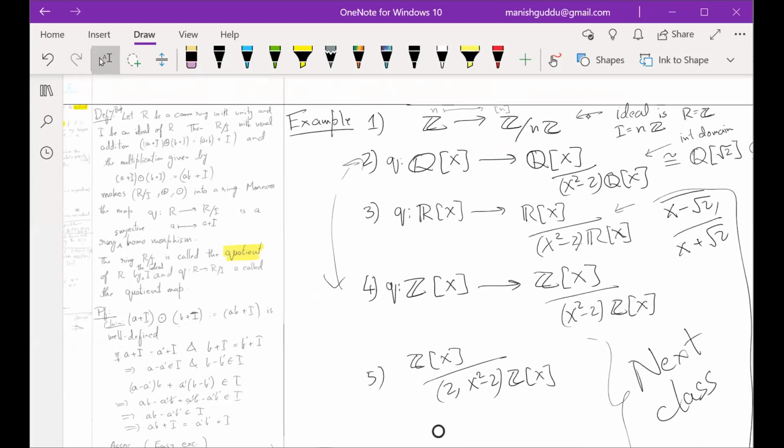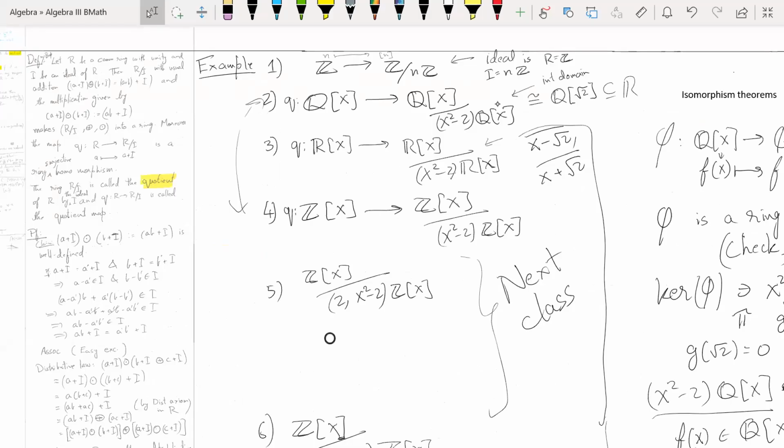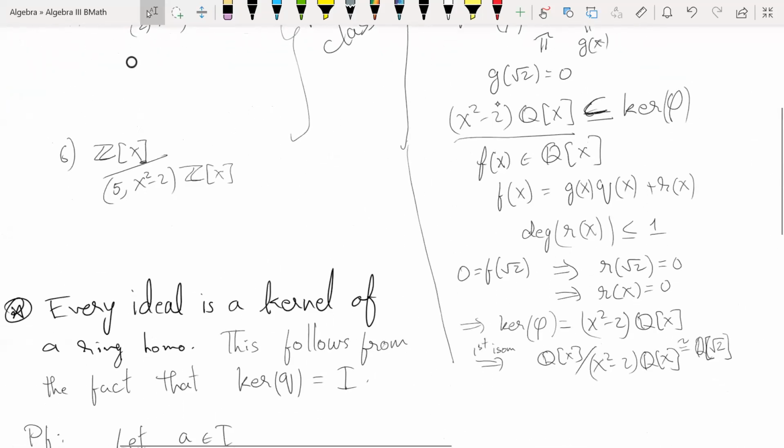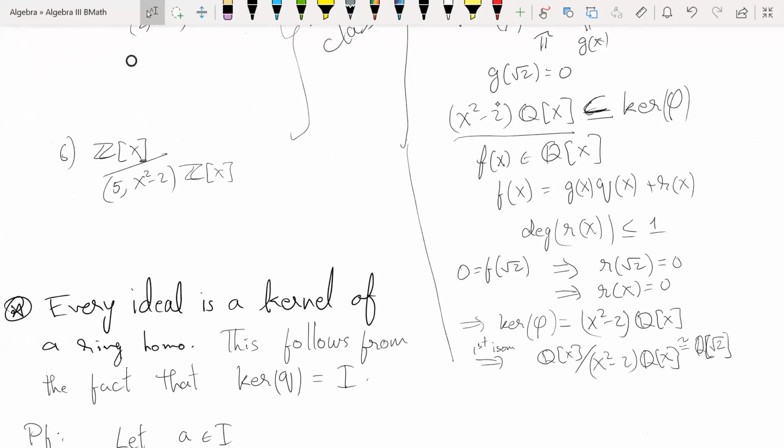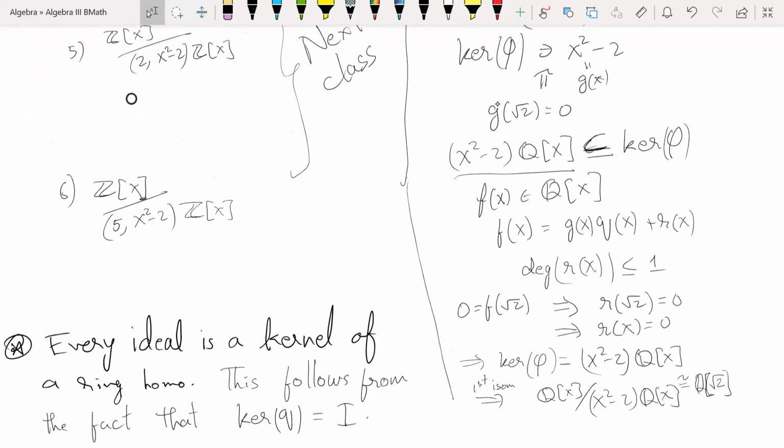In the converse of the proof, where you prove that the kernel equals x square minus 2 times QX, I think f of x belongs to the kernel of phi, right? Yes. So we have shown: let f(x) belong to this, and f(x) belong to the kernel of phi. Then these two imply f(x) belongs to the left hand side, x square minus 2 times QX.